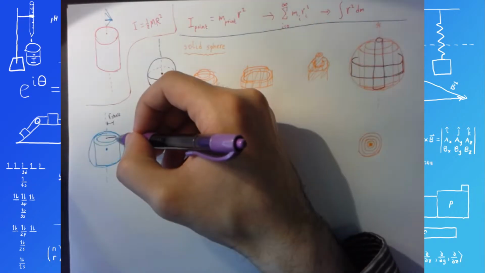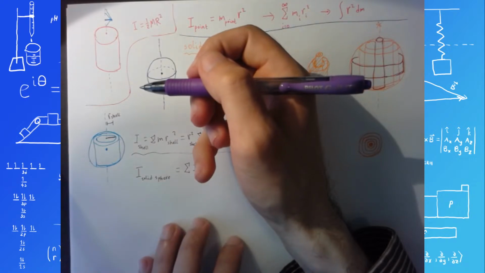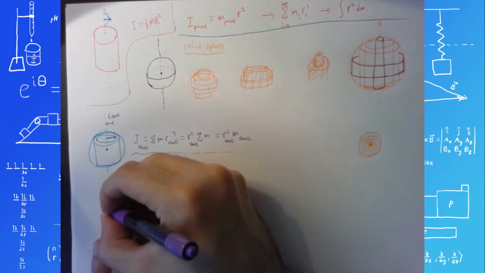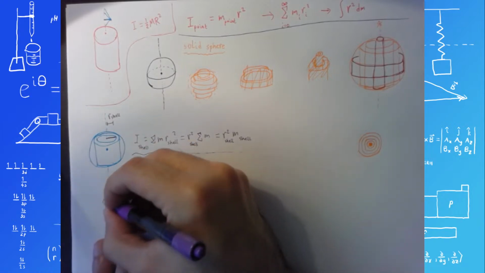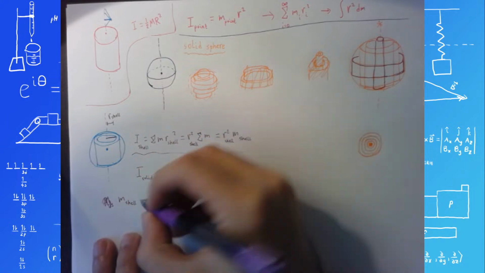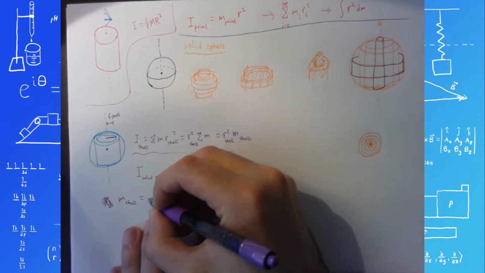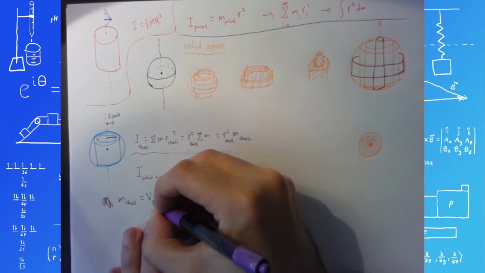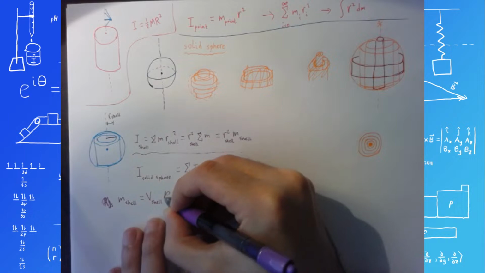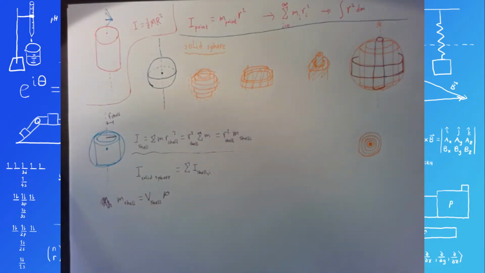So if I have some shell at this particular distance, how can I figure out the mass? Well, the mass of a shell, not capital M, lowercase m, m shell, is going to be equal to the volume of that shell times the density. You might remember this from the last time we did one of these problems.